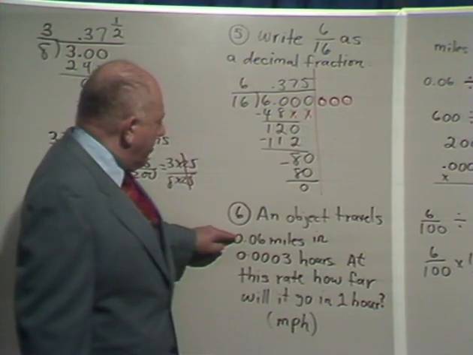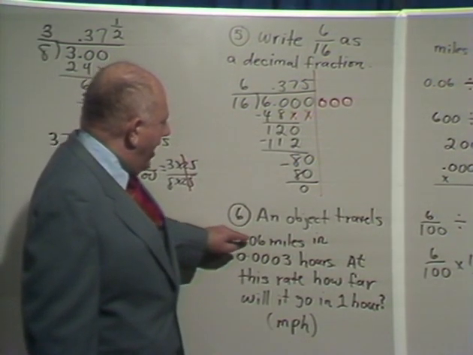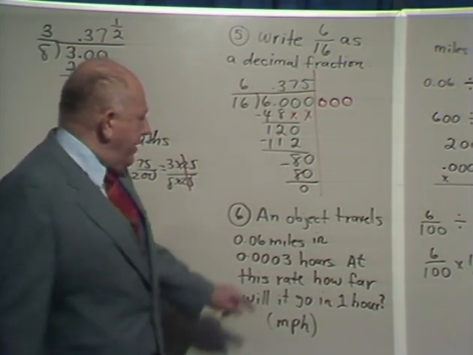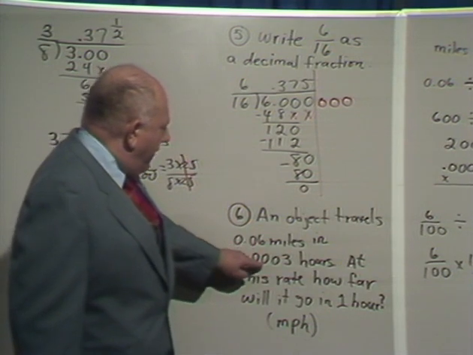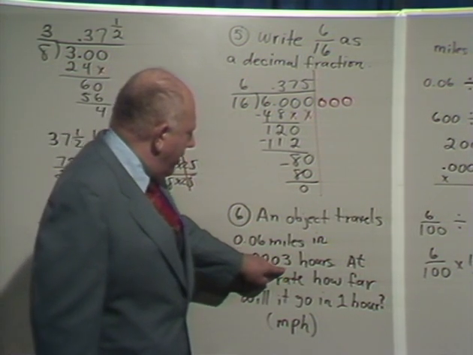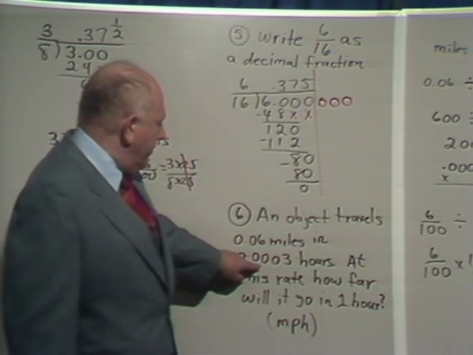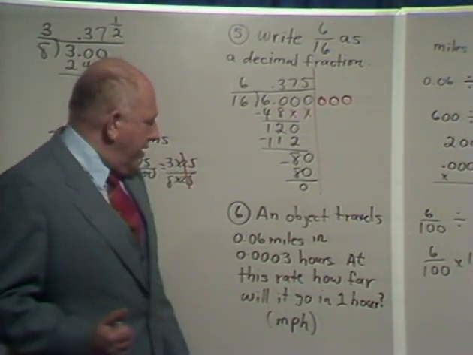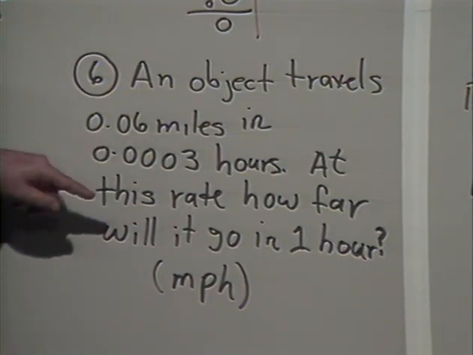You see, we've done problems like this. We've said an object travels 100 miles in 2 hours. What's its average speed? But now you see we're measuring something for what? Over a very, very small time. See, 3/10,000ths of an hour. And in a very small time, the object goes a very small distance. But the theory still remains the same.